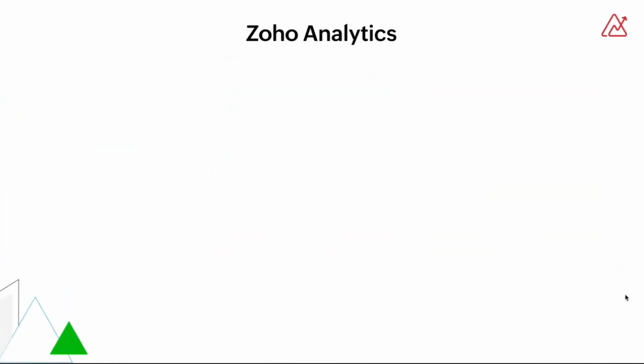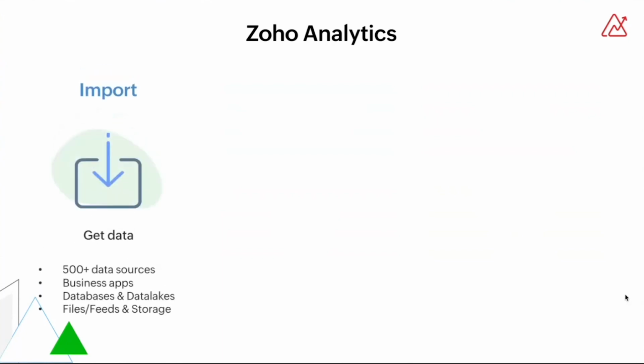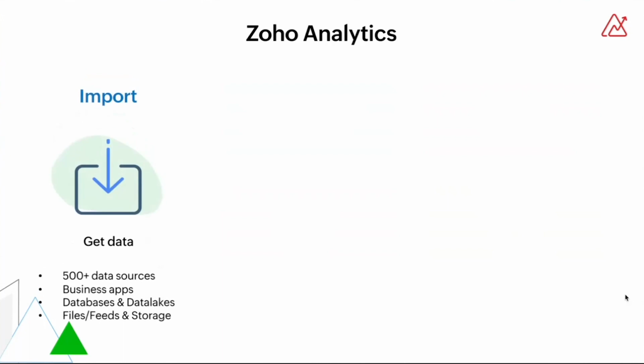Now, in this slide, let's quickly see the various stages of data analysis operations that are available in Zoho Analytics. To start any analysis journey, you need to bring your business data into the analytics platform. For that, we are providing integrations for over 250 data sources that are broadly classified as databases, data lakes, business app connectors, local files and feeds, and a lot more.